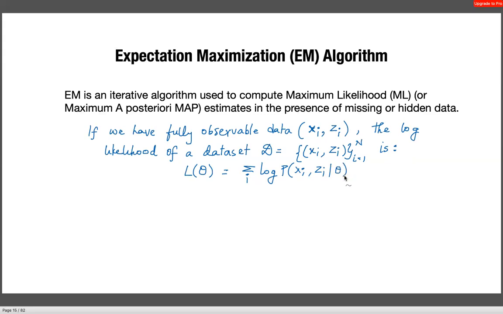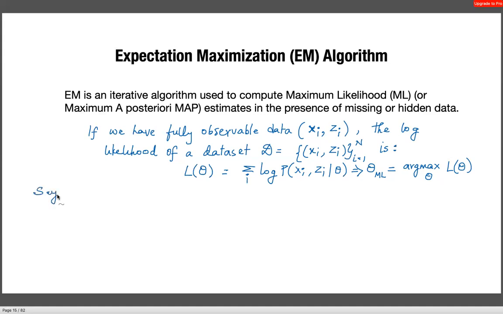So this is the log likelihood. And what is the ML estimate? Your ML estimate is the theta which maximizes the log likelihood. This is the setting which you're all probably already familiar with. Now is the more interesting setting.